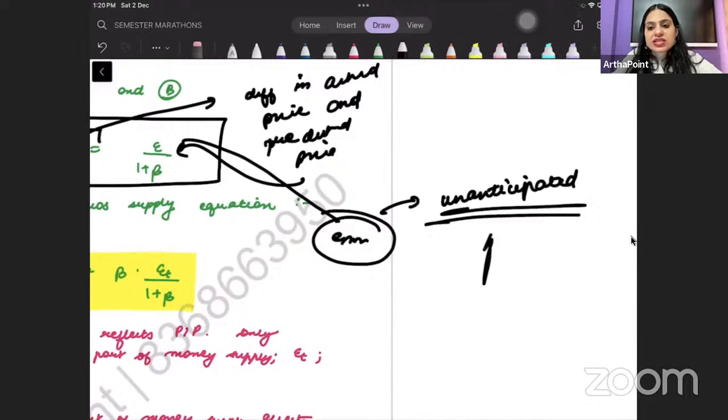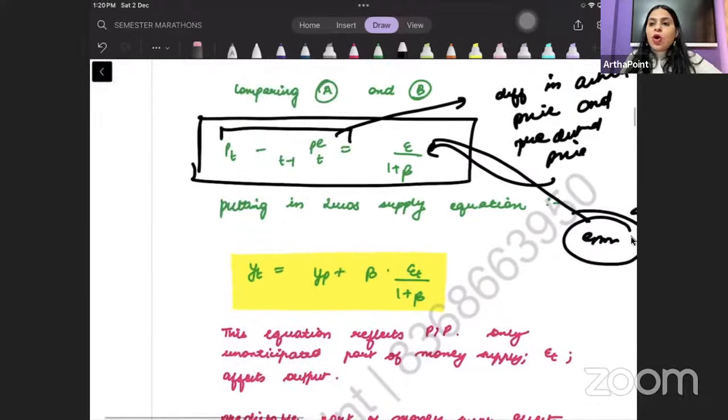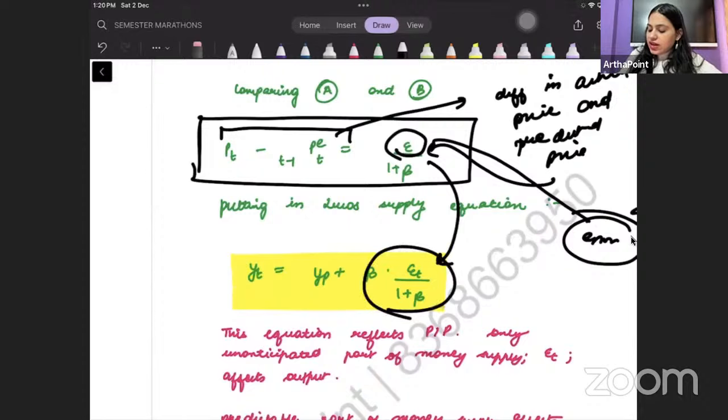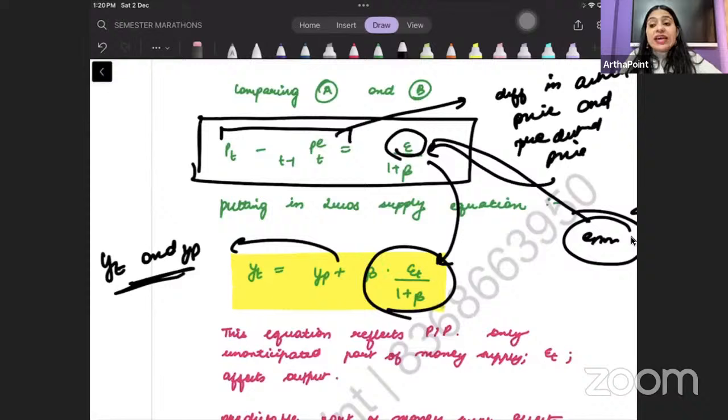So this model tells us that only unanticipated changes can cause the price and can cause a difference between actual price and expected price. और उन unanticipated changes की वजह से ही you can have difference between actual output and potential output. ये conclusion देना is very, very important.